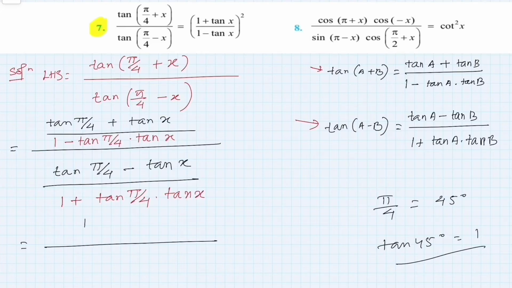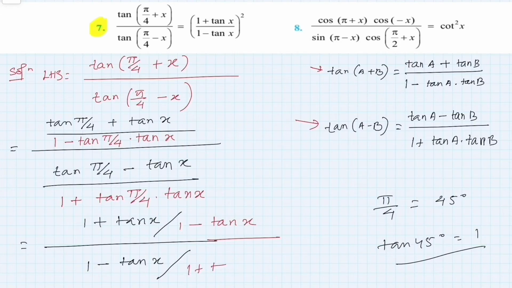We will get (1 + tan x) / (1 - tan x). Similarly, in the denominator we will get (1 - tan x) / (1 + tan x).